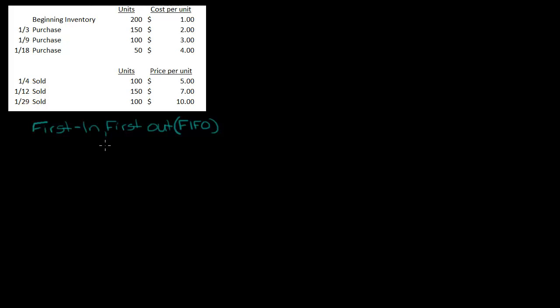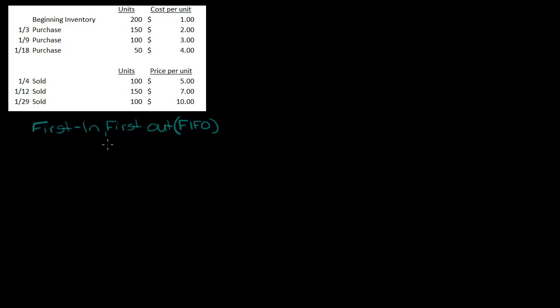Think about how they stock milk at the grocery store. When they restock the shelves, what they normally do is take the old milk and push it up towards the front, towards where the customers are, and then put the new milk in the back. Because they want people to buy the older milk, the first milk that they got, first, so that it doesn't go bad. So the first milk that is purchased is the first milk that they want to sell.